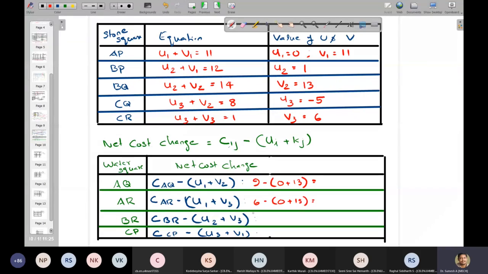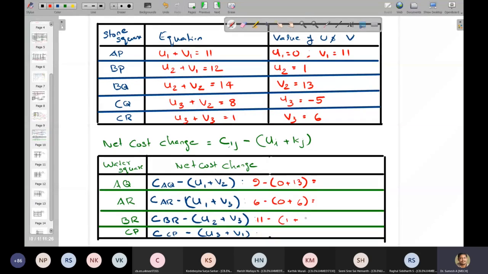Next one, 11 minus U2 is 1, so 1 plus V3 is 6.